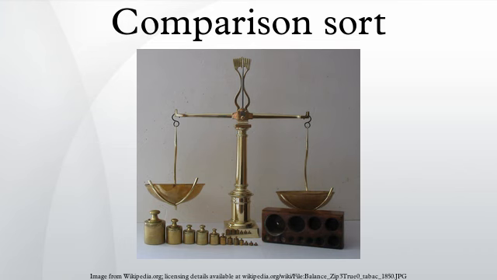ISBN 0-201-89685-0. Section 5.3.1, Minimum Comparison Sorting, pp. 180 to 197. Thomas H. Cormen, Charles E. Leiserson, Ronald L. Rivest, and Clifford Stein. Introduction to Algorithms, 2nd edition. MIT Press and McGraw-Hill, 2001. ISBN 0-262-03293-7. Section 8.1, Lower Bounds for Sorting, pp. 165 to 168.